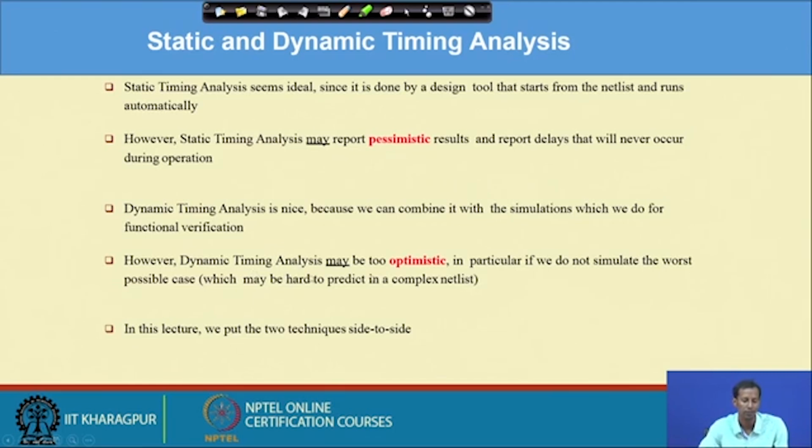However, this dynamic timing analysis may be too optimistic, in particular if we do not simulate the worst possible case. That means it becomes too optimistic, because it is not the case that we can always provide all the test vectors and then do dynamic timing analysis. Why?